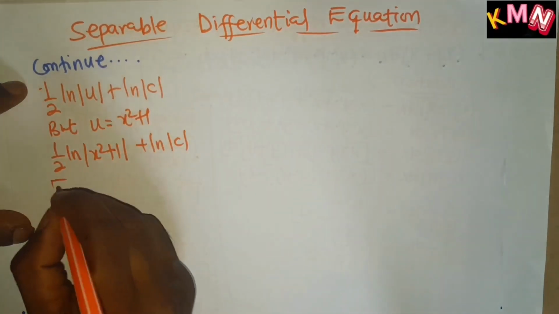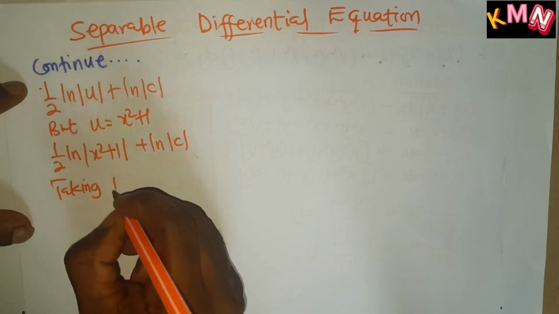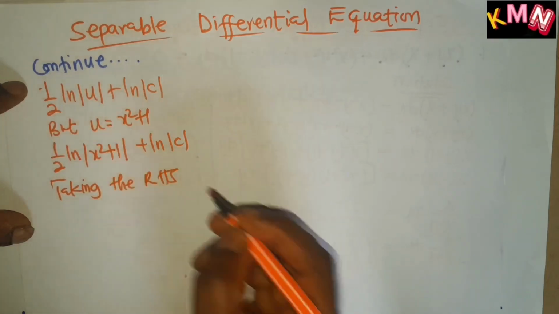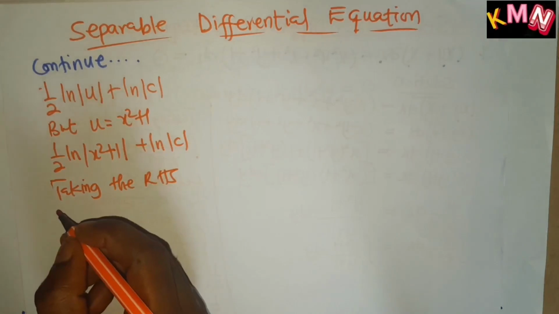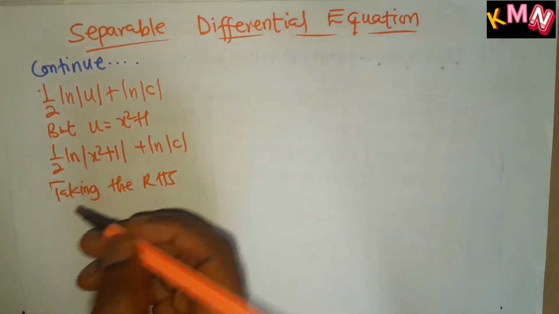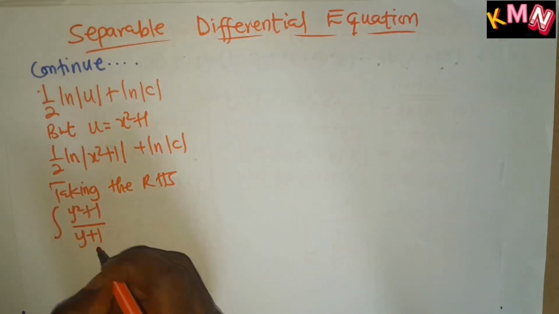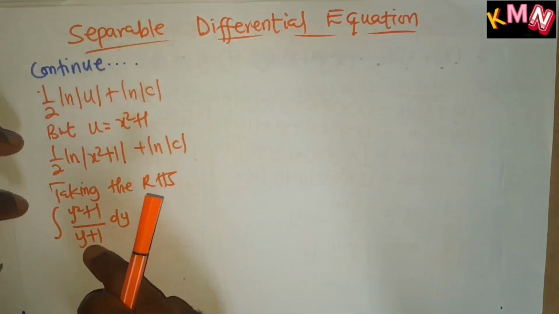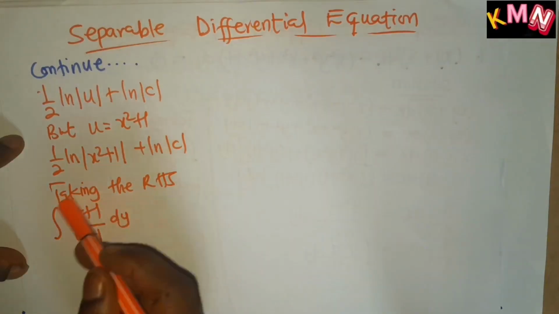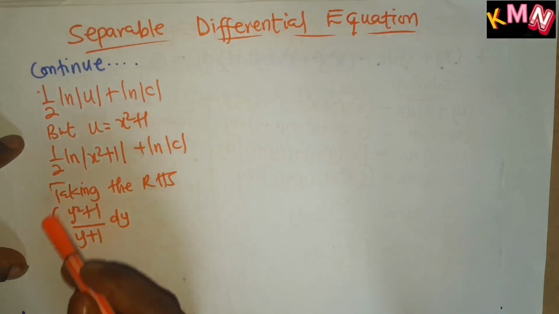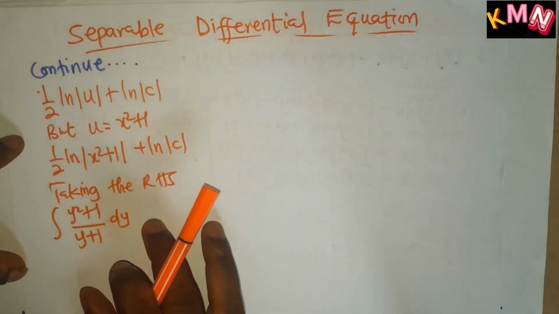So now taking the right hand side, we saw that we were having this, and here you have the numerator with a higher degree than that of the denominator, and when it happens that way, polynomial division works better.